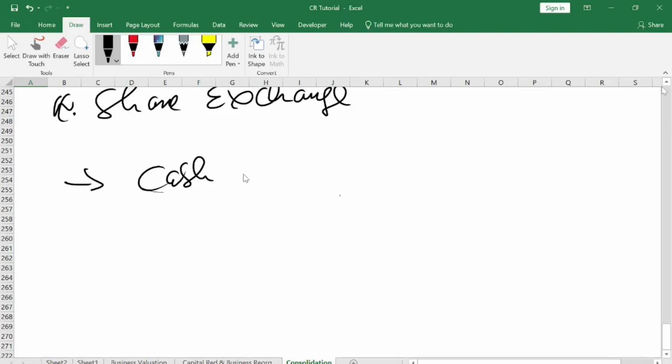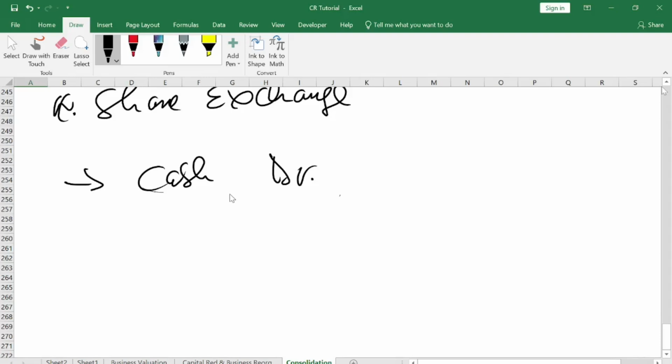In the balance sheet of the combined business, you debit cash, because cash is coming into the business. So that's the purchase consideration. We acquire the company through the cash, right?